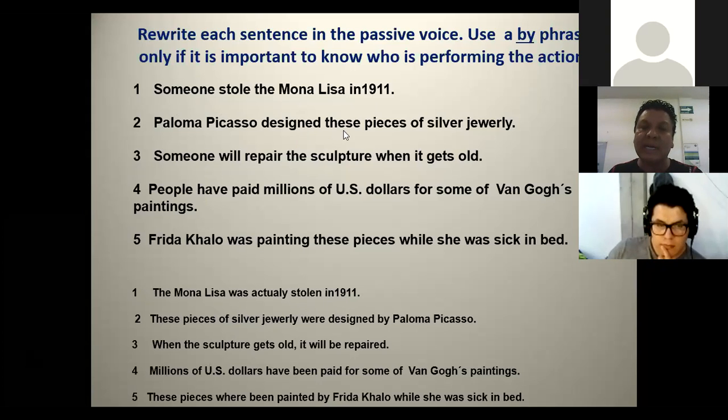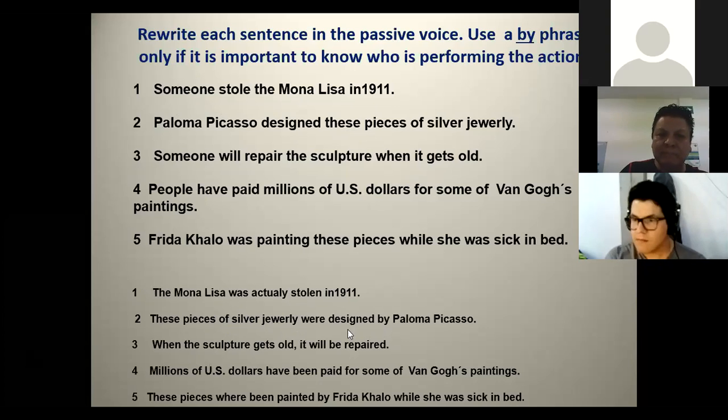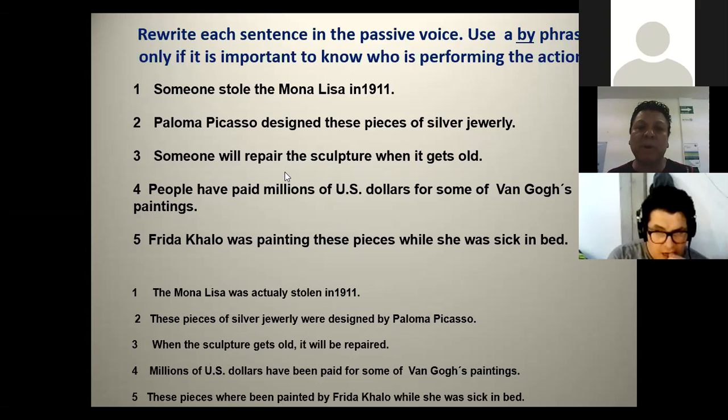Paloma Picasso designed these pieces of silver jewelry. These pieces of silver jewelry were designed by Paloma Picasso. Someone will repair the sculpture when it gets old. When the sculpture gets old, it will be repaired. It could be.